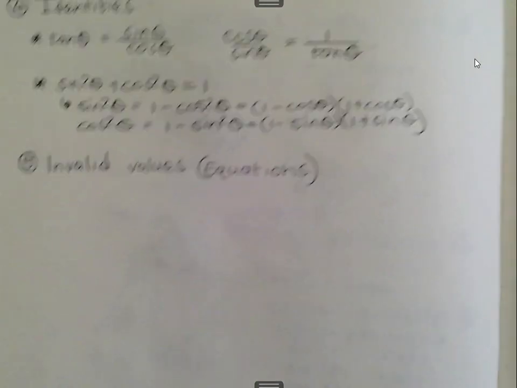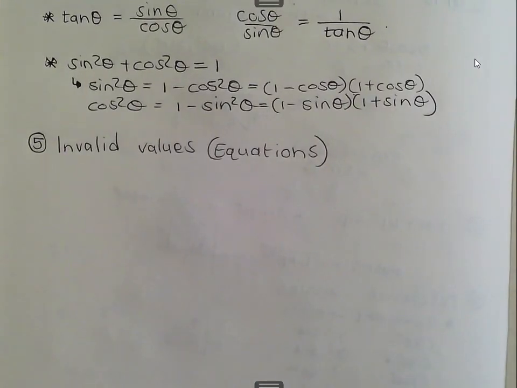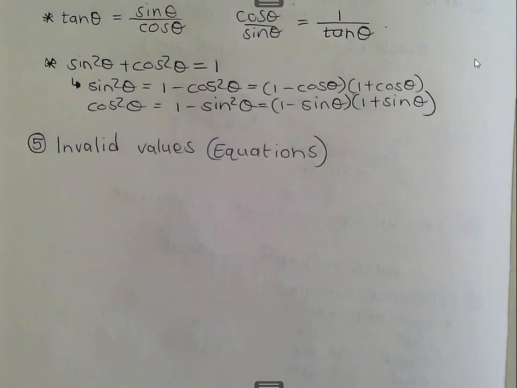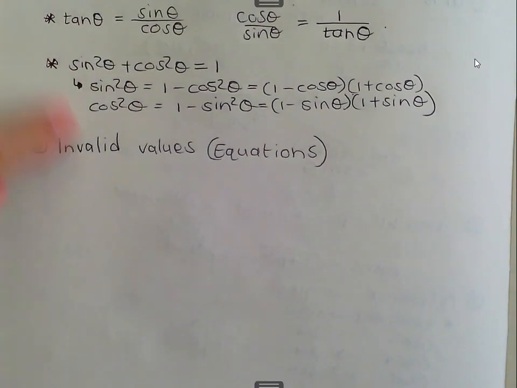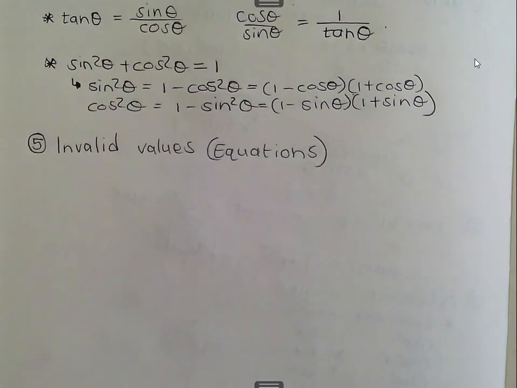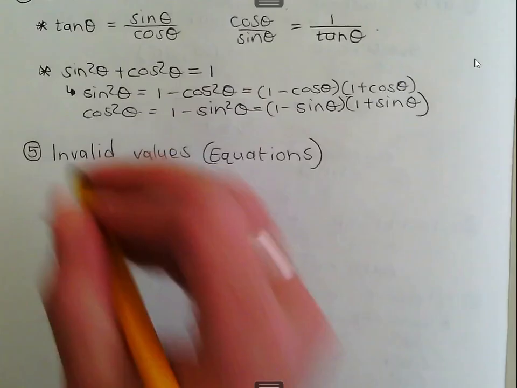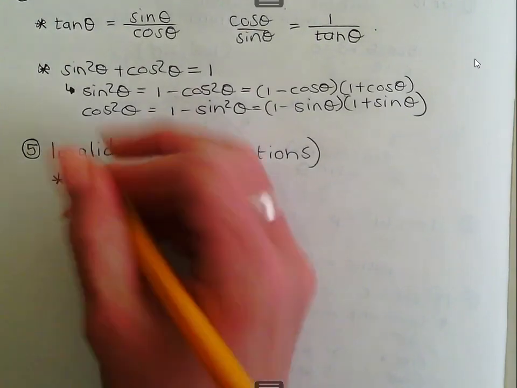Next up are the invalid values. That's part of the equations, hey? Because you're going to have an equal sign. But they often ask it after you've proven the identity, then they'll ask you for which values this identity is invalid. So the first one that you must remember is tan.